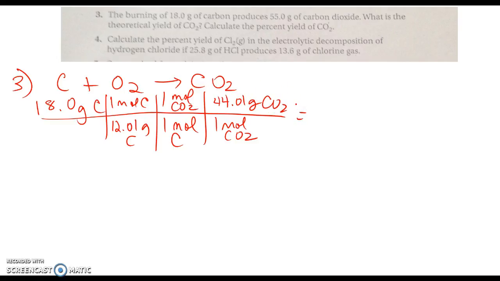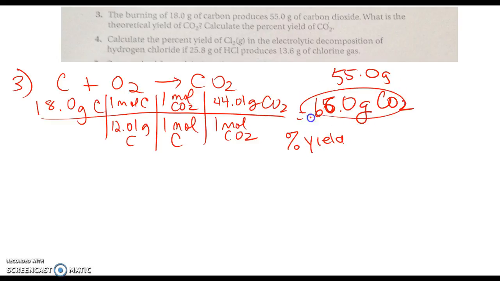So if I go ahead and calculate that, my theoretical yield would be something like, I'm going to call it 66.0 grams of CO2. Well, if I only produced 55.0 grams, then my percent yield, because this is theoretical, right?